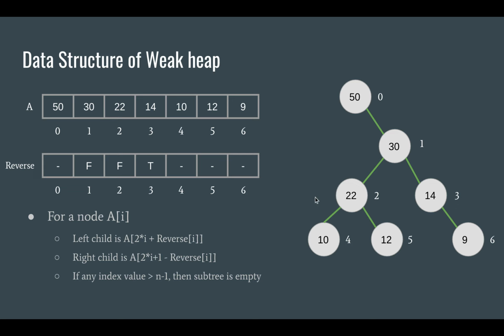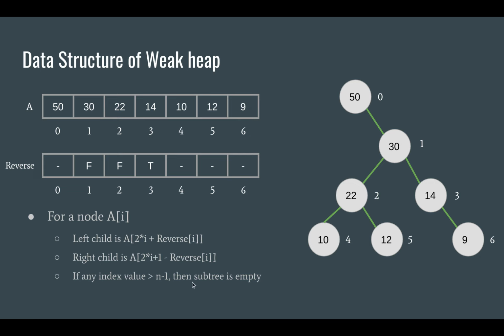If we want to find the value of the left child, if we insert 3 here, then 2 into 3, which is 6, plus 1, because for 3 it is true and for true it will return 1. So 2 into 3, which is 6, plus 1, which is 7, and 7 is greater than the last index. The last index is 6, so it returns 7. So this left child is empty.